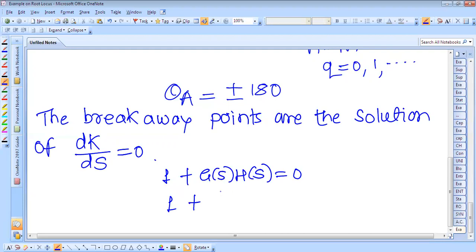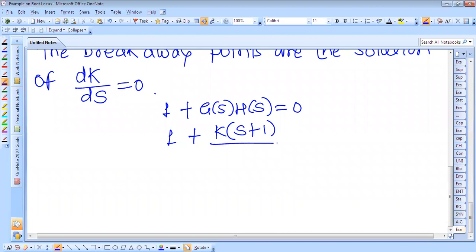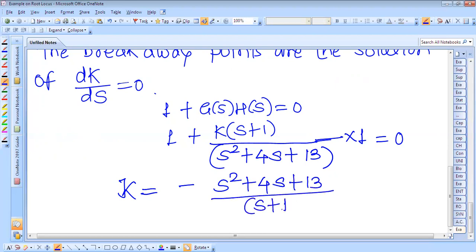Therefore 1 plus G of s, which is given as k into s plus 1 divided by s square plus 4s plus 13, H of s is here 1, is equal to 0, and therefore this k is equal to minus of s square plus 4s plus 13 divided by s plus 1. Okay, we get like this.